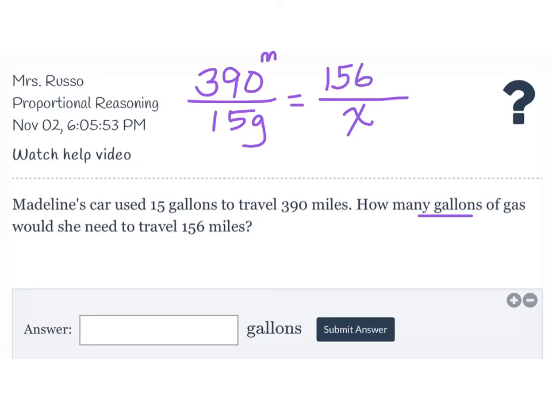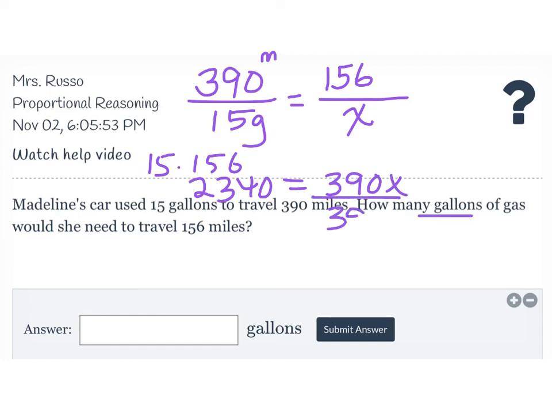Cross multiply, 15 times 156 gives me 2,340 equals 390x, and I'll divide by that 390, and I get x equals 6. So she would need 6 gallons of gas to travel 156 miles.